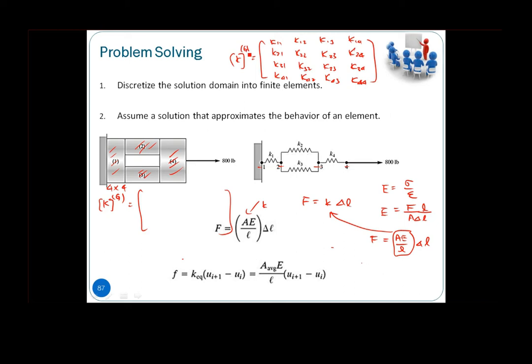We have to determine this global stiffness matrix in order to assemble it into one problem. Then we solve the entire problem, right? So how do we determine this?